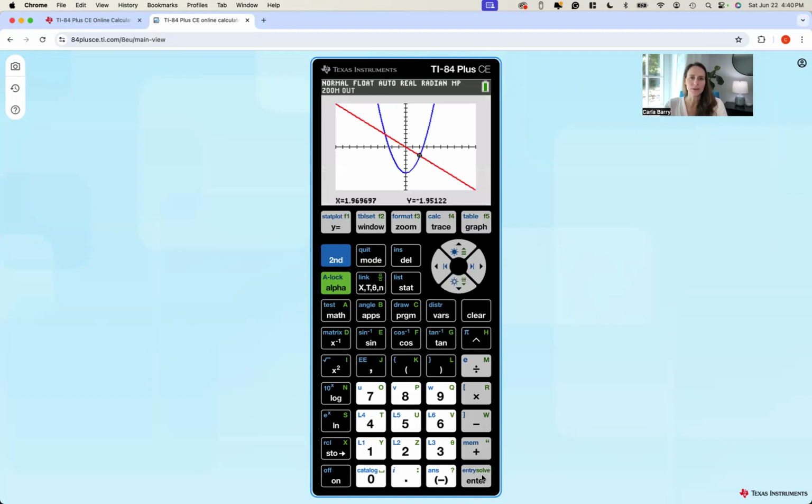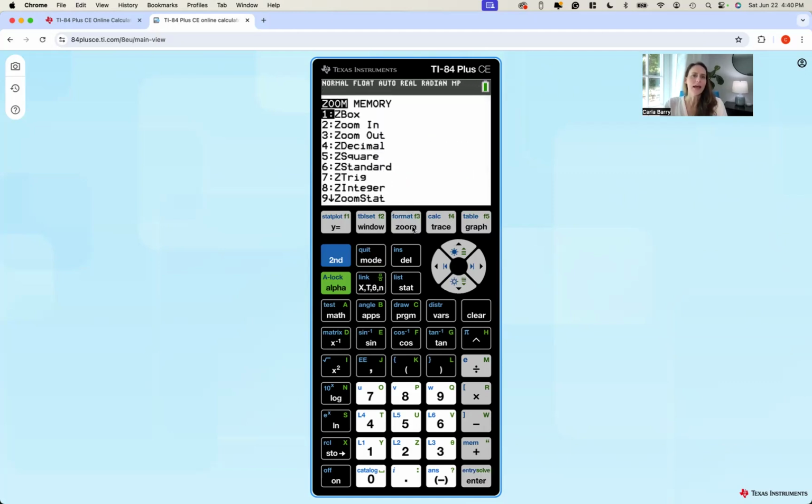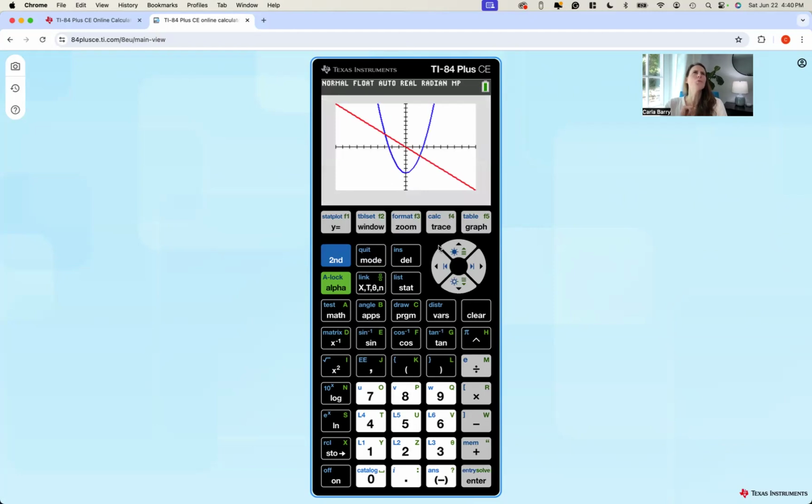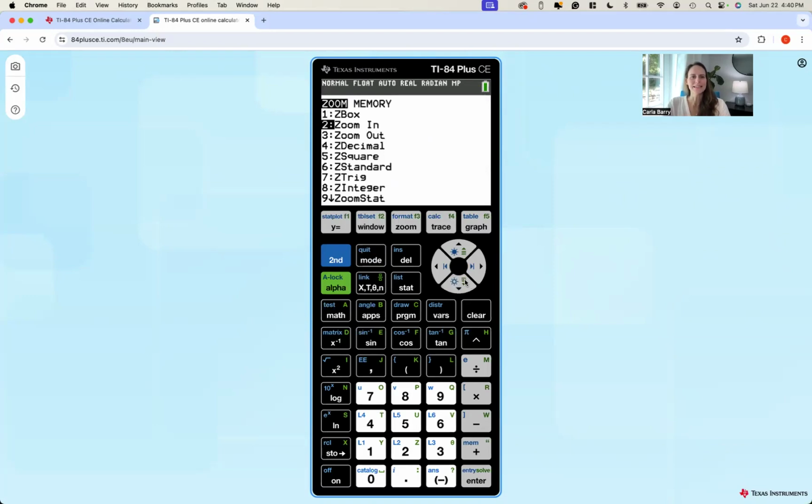Just remember you have to actually press enter again to zoom out. So I'll zoom out and I'll zoom in. And I'll say Z standard if I just want to reset my zoom to the regular zoom. So let's say I'm really zoomed out super far. And then for the next question, I want to zoom back in. Instead of going zoom in, zoom in, zoom in, zoom in, I would just say Z standard.